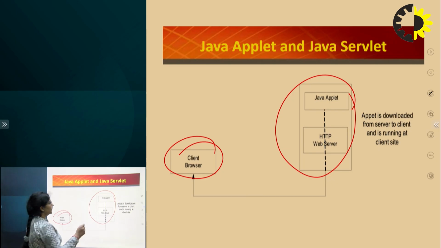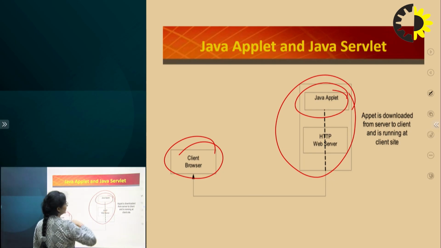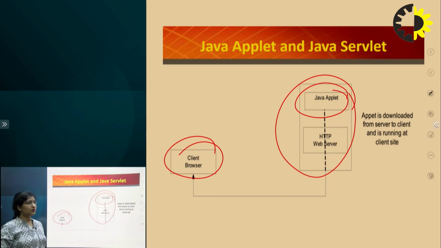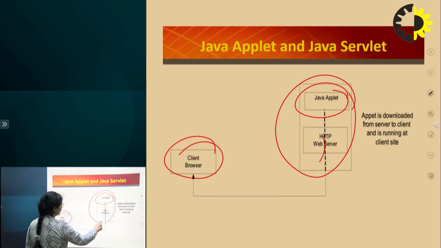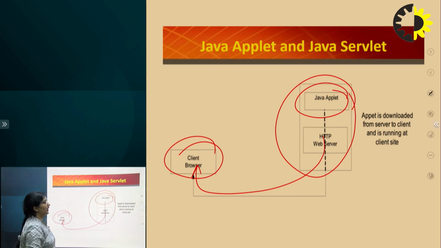From that server, the applet will be downloaded to the client side and then it will run at the client side. If I make a request again, the same process will happen. So over the network, the applet will come to the client side and then it will work.